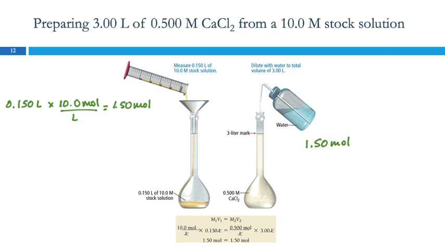We're adding water so the volume changes. The new volume is 3 liters. And so the new concentration, I should be able to do that in my head, but I don't dare, is going to be 0.500 moles per liter.